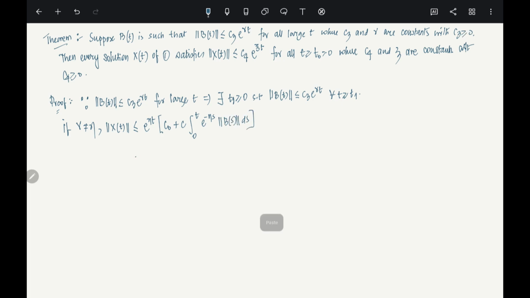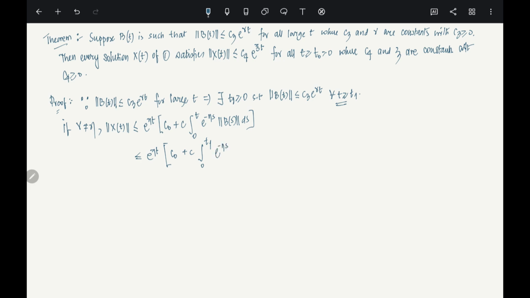Now see, this is again dominated by e to the power eta t, C naught plus C times the integral from 0 to t. For t greater than or equal to t1, I have a bound on b, so I have to use it. So I will divide this part into 0 to t1 and t1 to t, right?